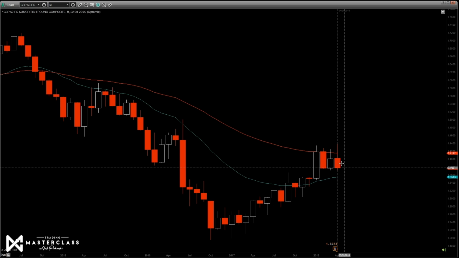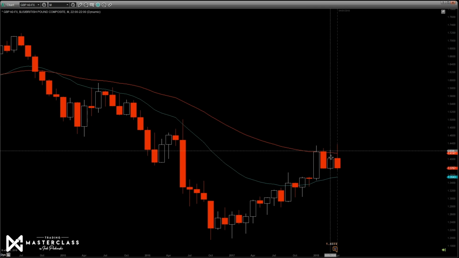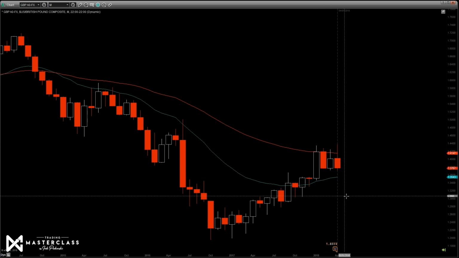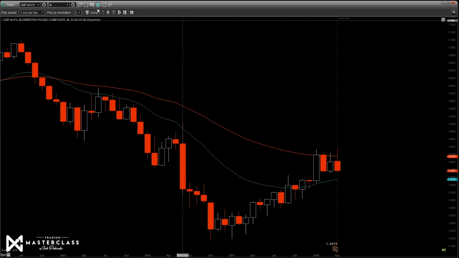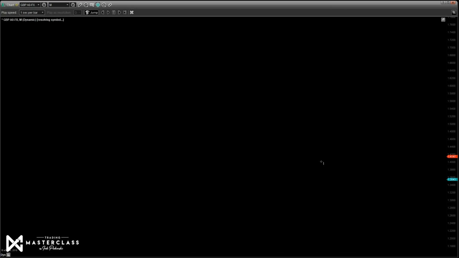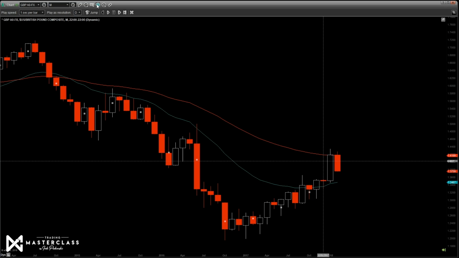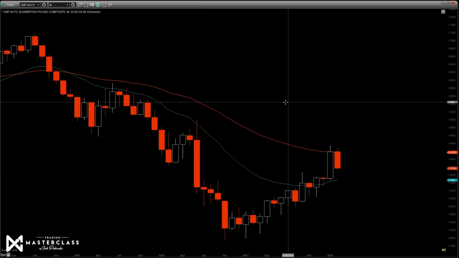Now, that's not the only reversal candlestick that you need to be familiar with. There are many more, so let's talk about a few more. Such as this candle right here. This is called an inside bar, a bearish inside bar reversal.